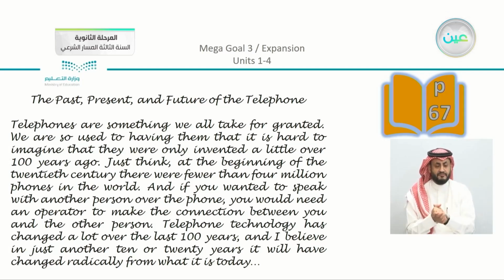We are so used to having them that it is hard to imagine that they were only invented a little over 100 years ago. Just think, at the beginning of the 20th century, there were fewer than 4 million phones in the world. And if you wanted to speak with another person over the phone, you would need an operator to make the connection between you and the other person.